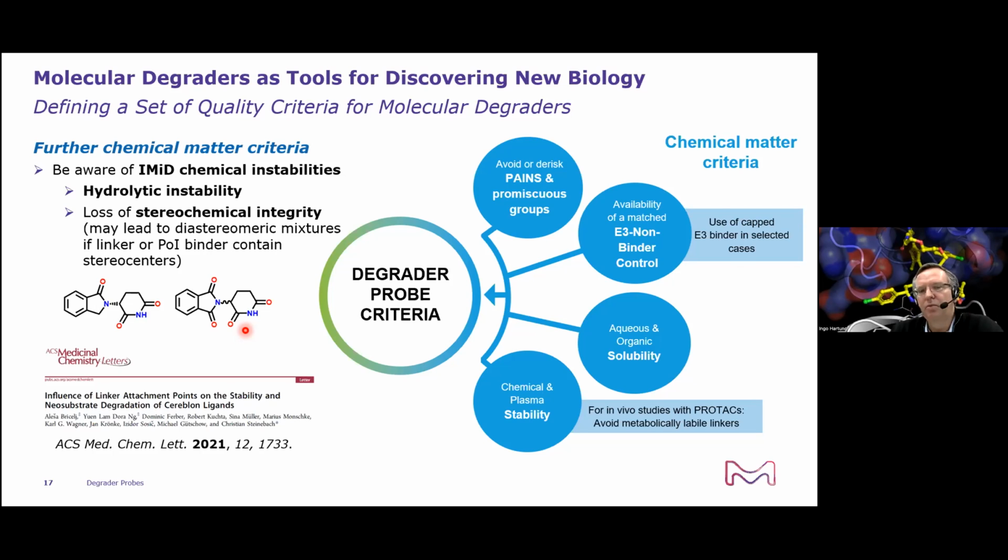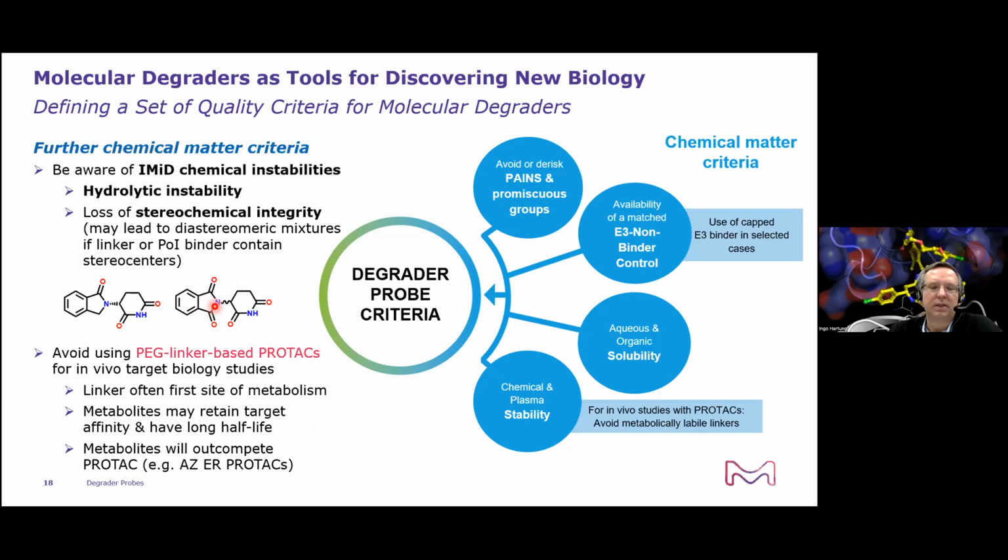It's sometimes not so easy to predict how linker structures influence those activities or instabilities, but there are now a number of excellent studies, for example, here from the groups in Bonn around Christian Steinebach, disclosing lots of these data to help predict what makes sense and what makes no sense.